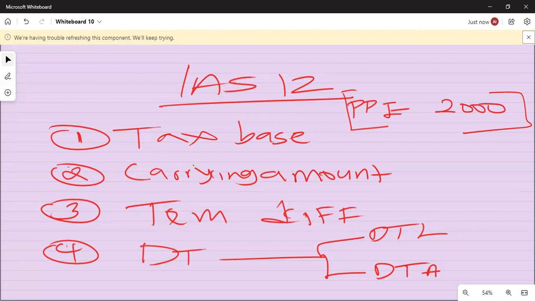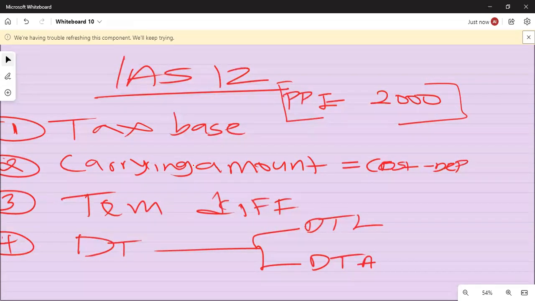What is now the carrying amount? Everybody that is listening to me up to now, you know the meaning of carrying amount. Carrying amount is cost minus your accumulated depreciation.